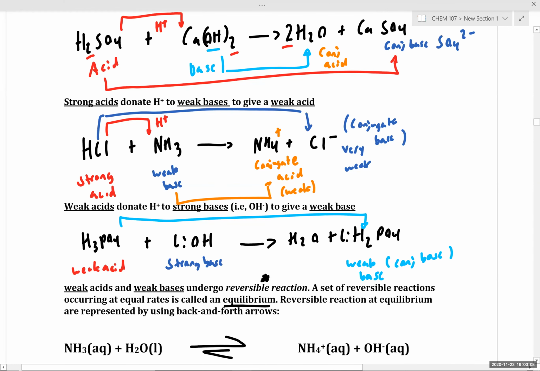The list on here is just strong acids. Yep, exactly right. Is there a different list that we can look at for weak acids? No, because it would be huge. There are way more weak acids than strong acids, so it's easier to memorize the strong acids. And then if you find an acid that's not on the list, it's likely going to be weak. Weak acid. Got it. Does that make sense? Yes, thank you. Perfect.